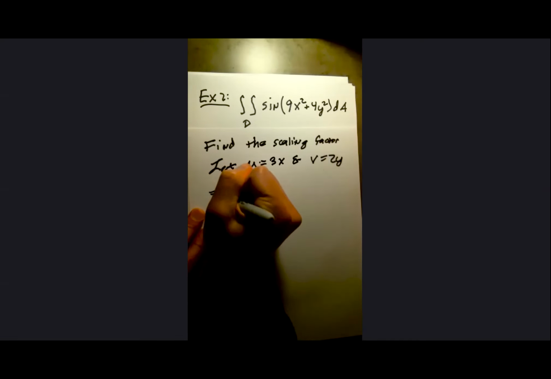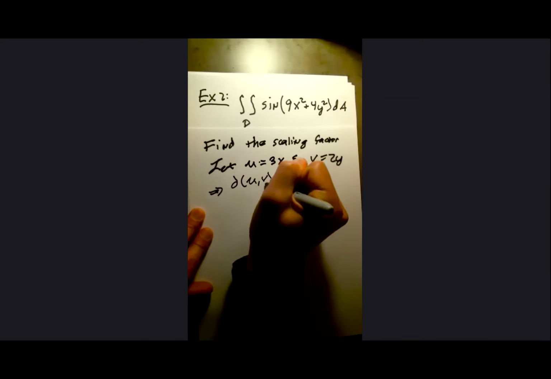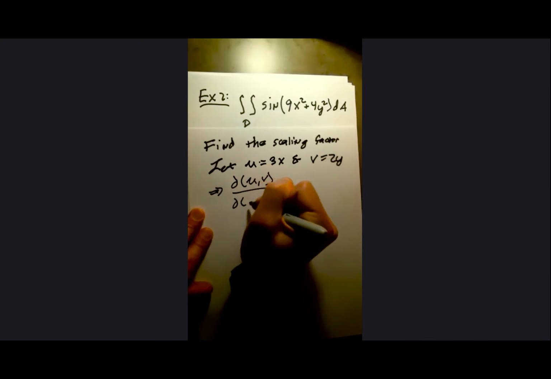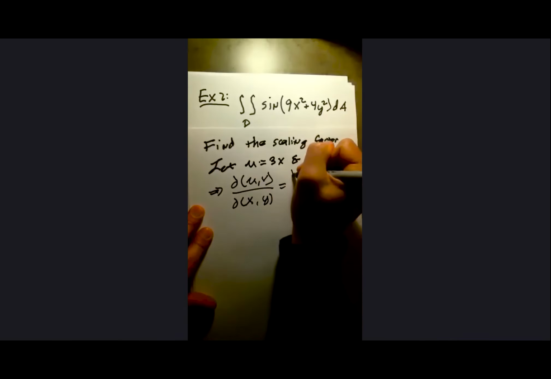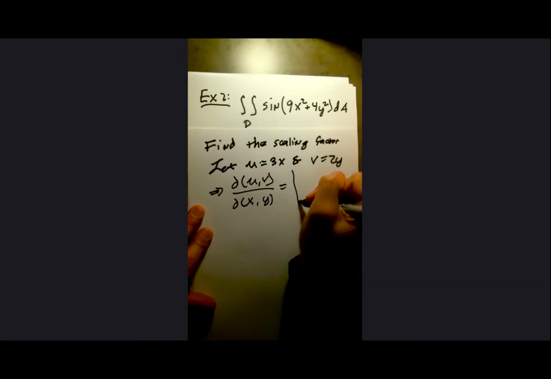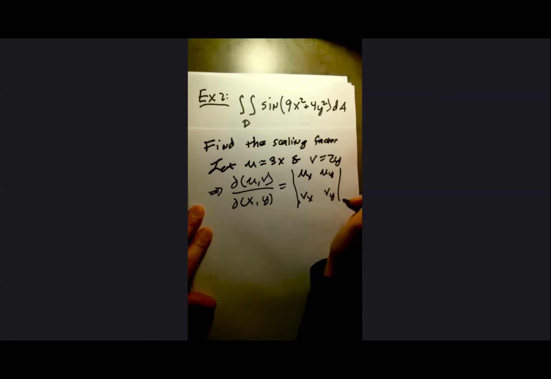So this tells us that the Jacobian of uv with respect to xy is going to be, I'm just going to repeat the formula so you get practice, partial of u with respect to x, partial of u with respect to y, partial of v with respect to x, partial of v with respect to y.